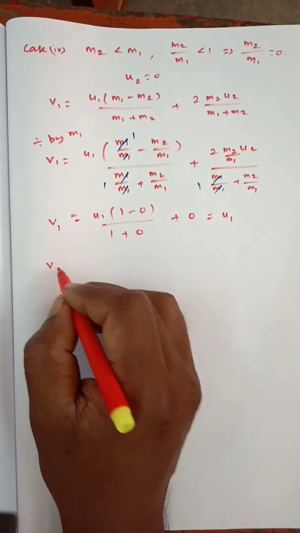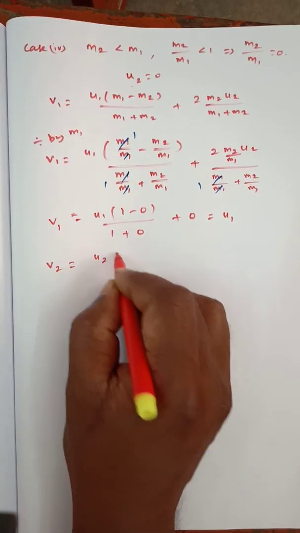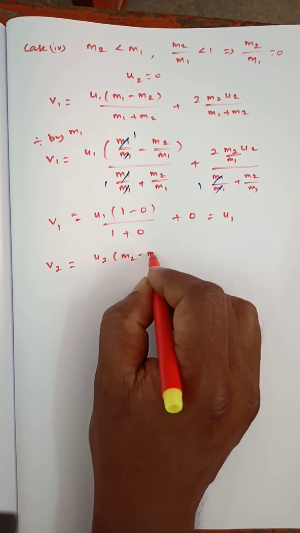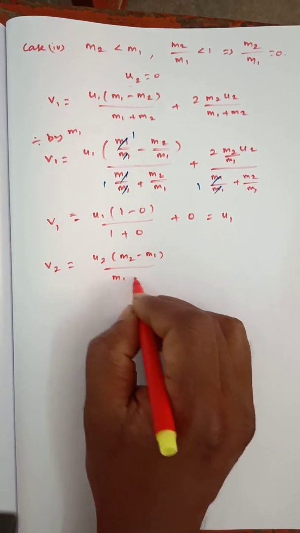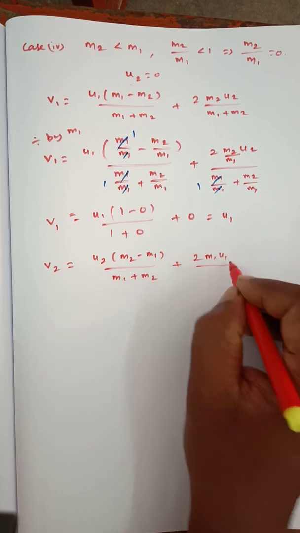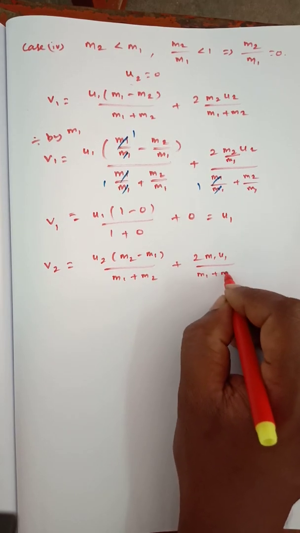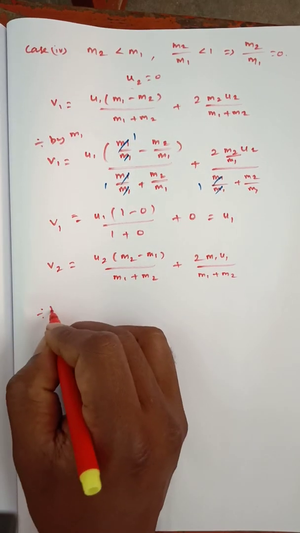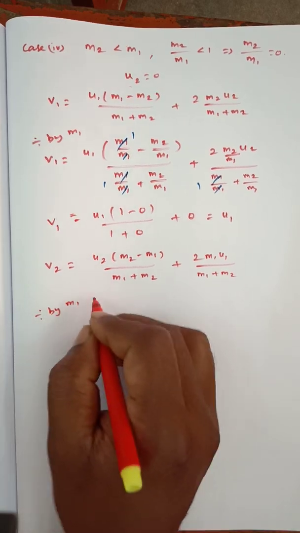Similarly for v2, the formula is u2 into (m2 minus m1) by (m1 plus m2) plus 2 into m1 u1 by (m1 plus m2), divided by m1 on the right hand side.